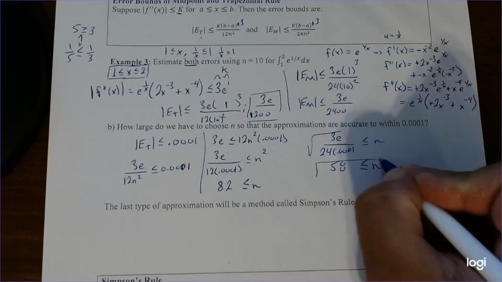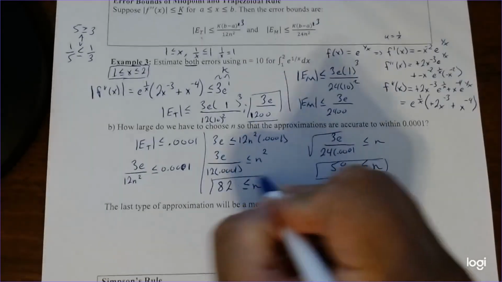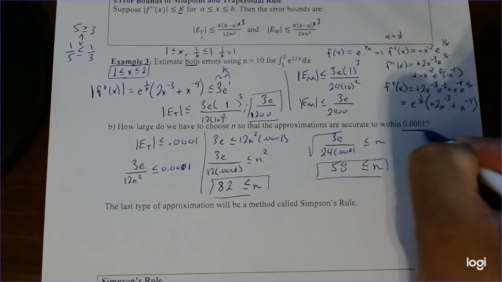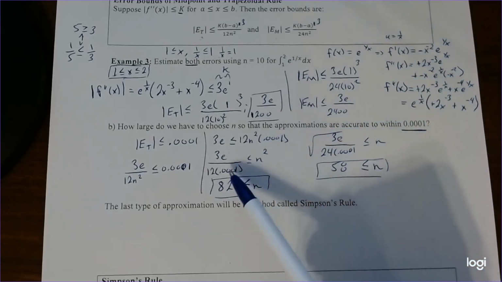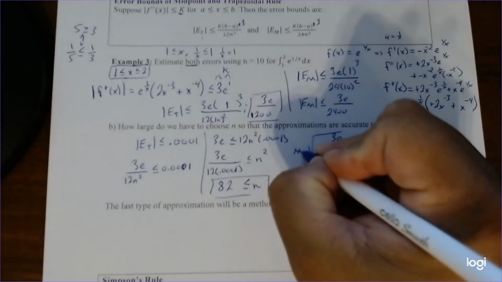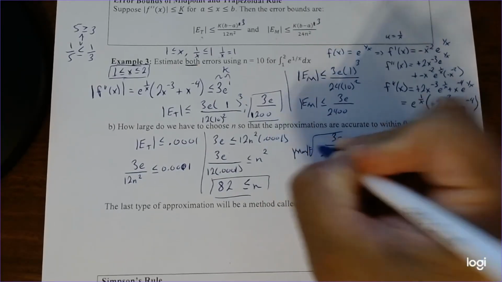So that is how many rectangles we need for each to have an error approximation of 0.001 for both the trapezoidal and also the midpoint. So again, this is the midpoint error.